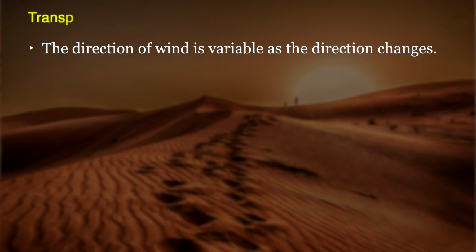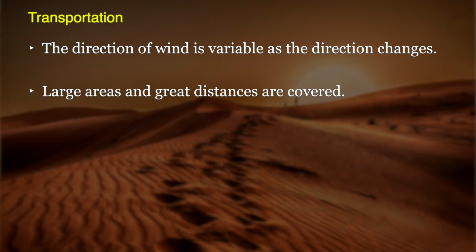Wind transportation plays a significant role in forming landscape. It is an interlinked phenomenon with many characteristics: as the direction of the wind is variable, it changes, and large areas and great distances are covered.